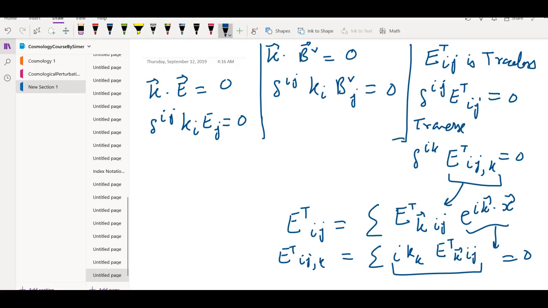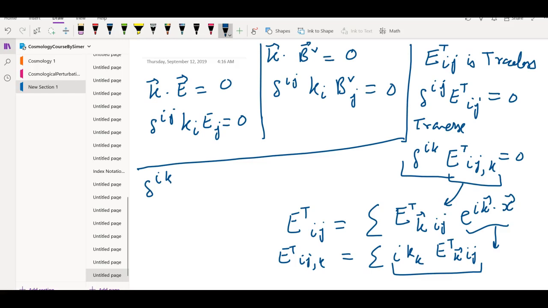In other words, we have delta_ik, and this whole thing is equal to 0, including delta_ik.